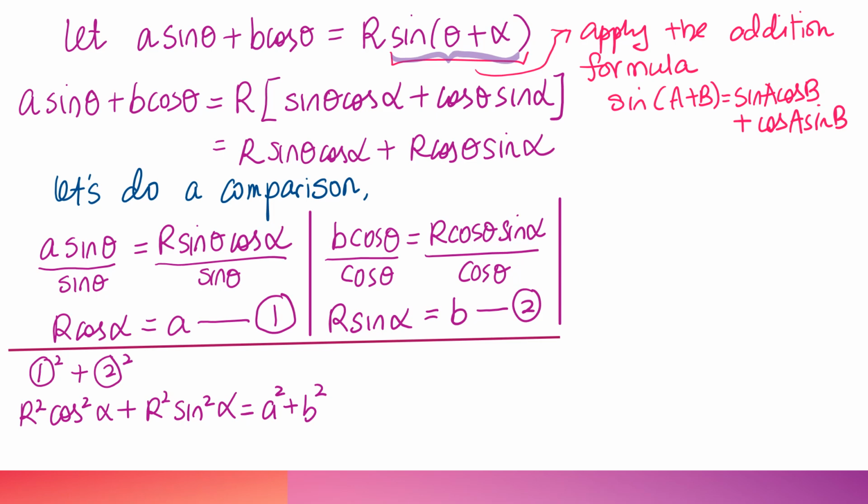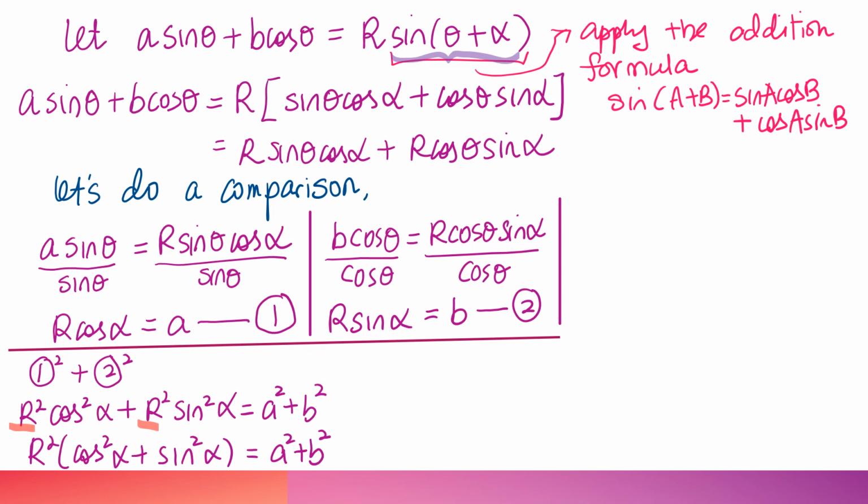And what I've done in the next step is to group r squared cos squared alpha plus r squared sine squared alpha equals a squared plus b squared. And you can see that there is a common factor here, which is your r squared, and a common factor we can just factorize.